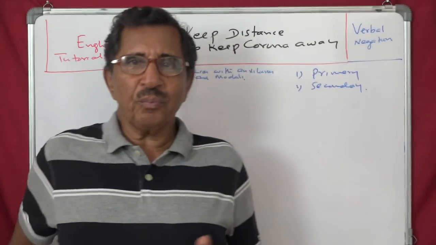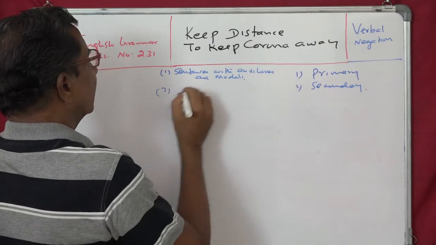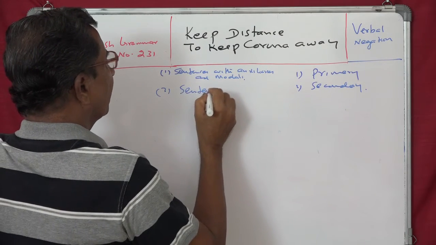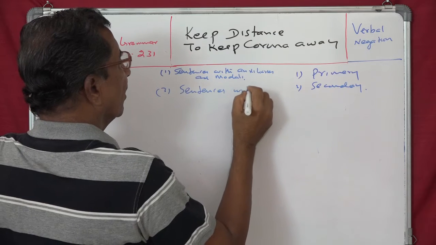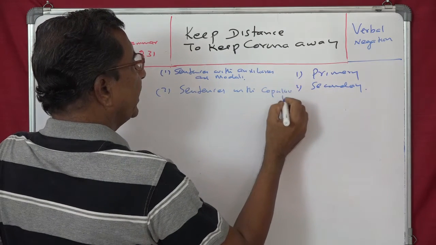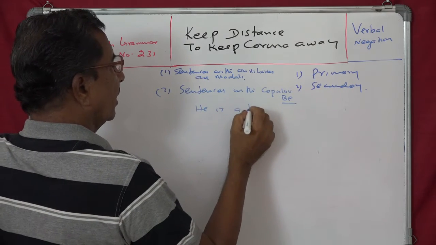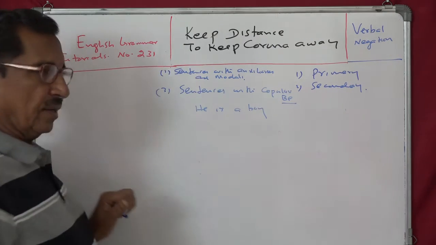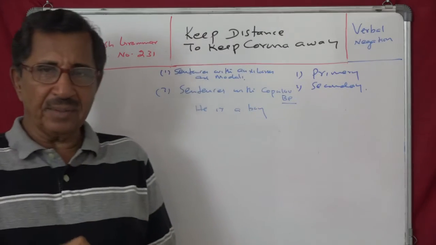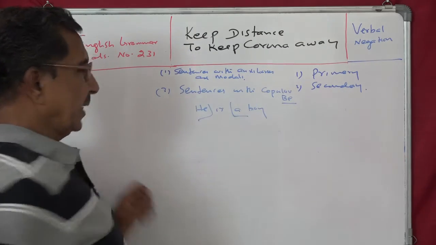So that's simple. The next form is sentences containing copular be. Copular be means, for example, he is a boy. This is the use of copula, connecting the subject and the predicate.